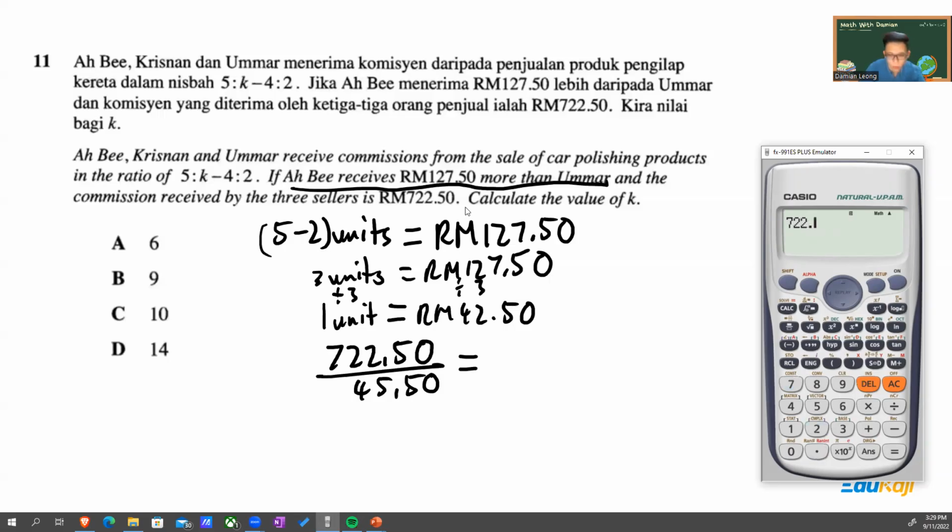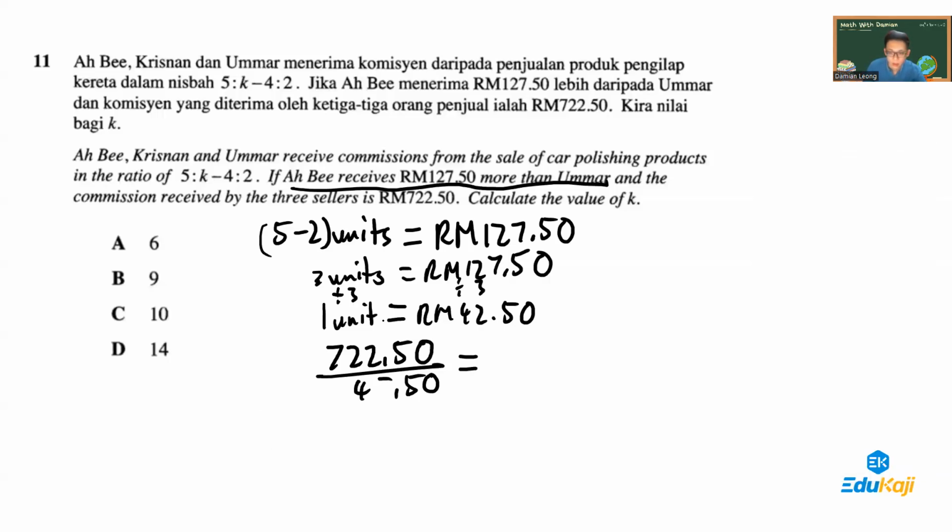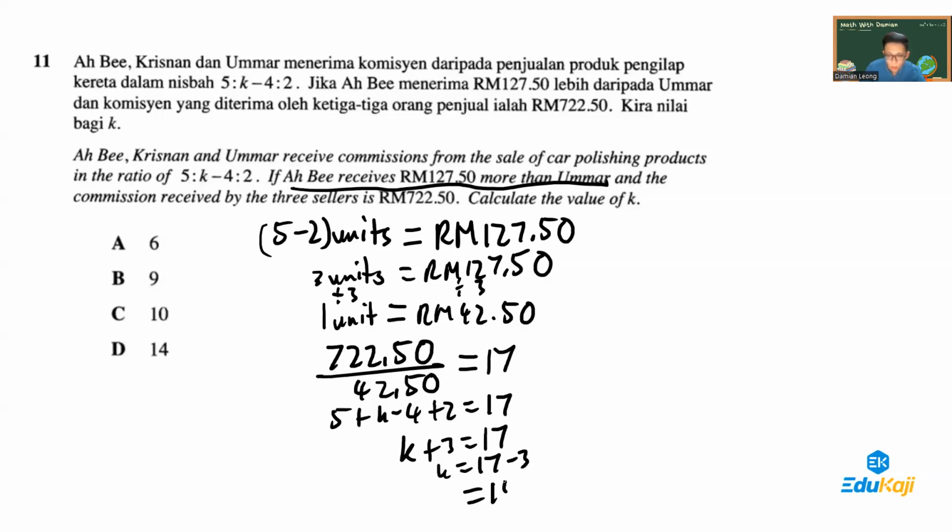So 722.5 divide 42.5, my bad, is 17. So in total, there are 17 units. Okay. So 5 plus k minus 4 plus 2 equals 17. So this is k plus 3 is 17. k is 17 minus 3, which is 14.